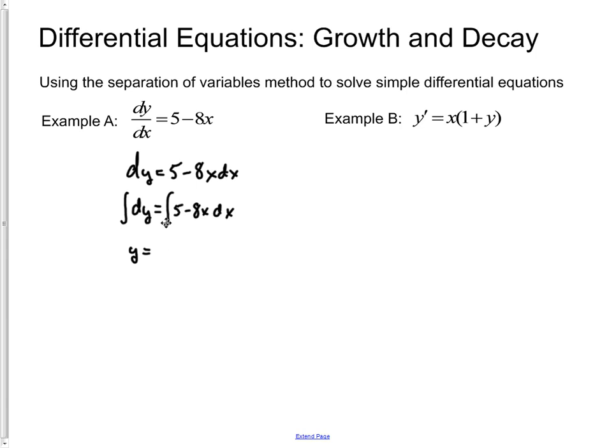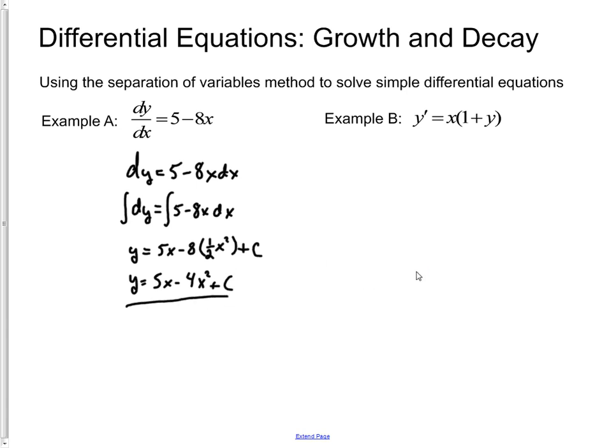And of course, the integral of 5 minus 8x is going to be 5x minus 8 times 1 half x squared, which is our antiderivative of x, plus some constant. And so the solution to this differential equation is going to be 5x minus 4x squared plus a constant.